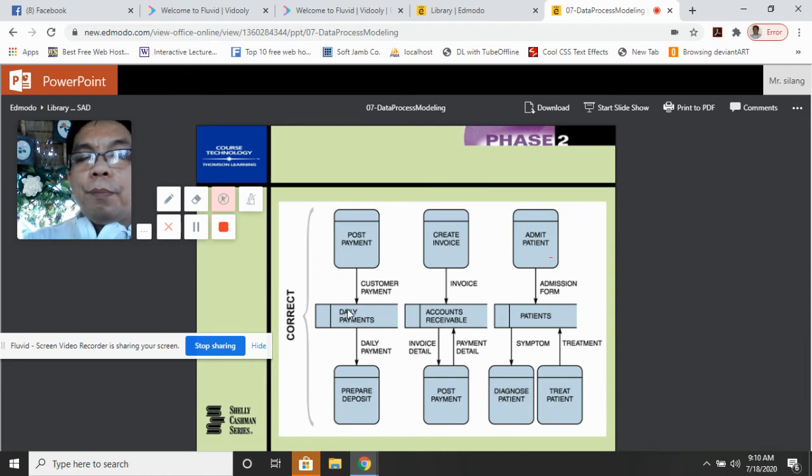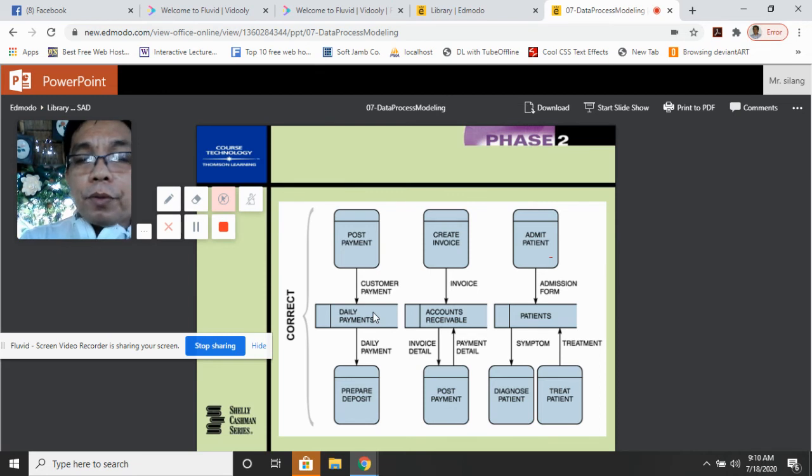Let's say, for example, we are in a company that is collecting payments from customers. The payments are encoded or posted, and the payments will be stored inside the data store, inside the database or something.